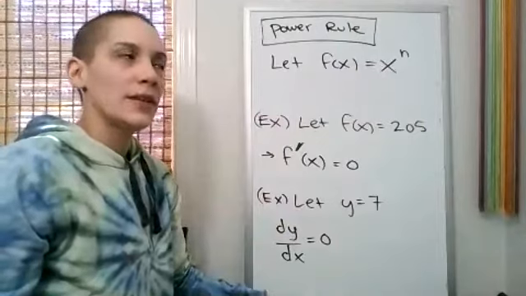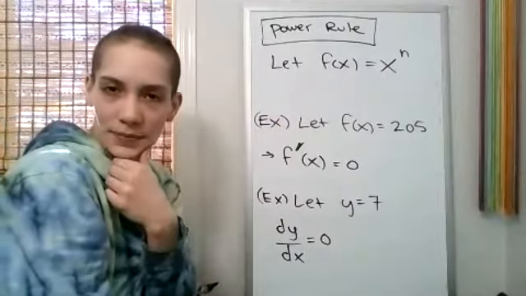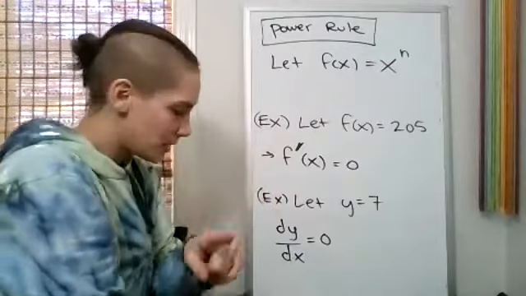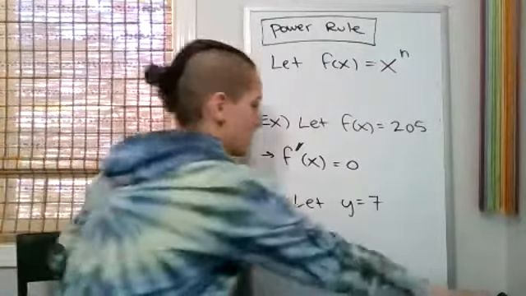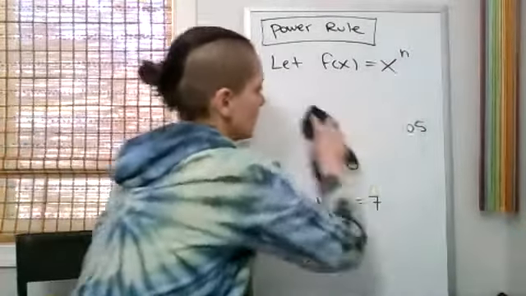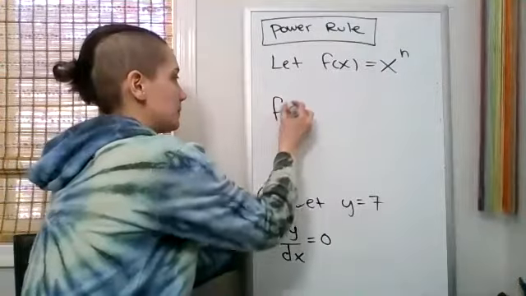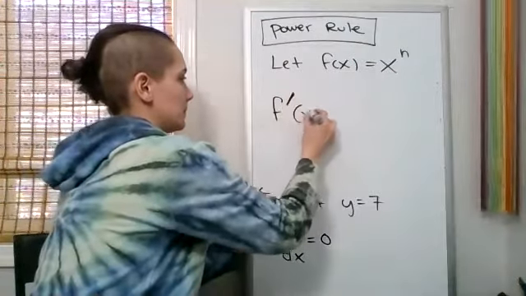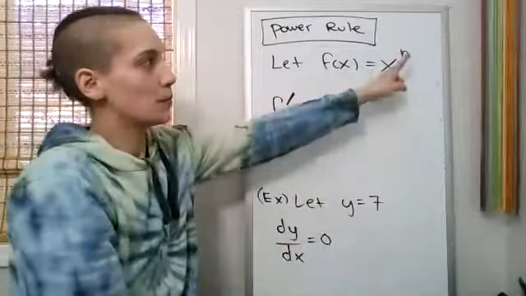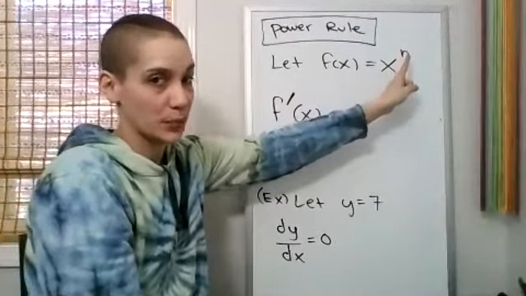I didn't write down if n has to be a specific value. I'll check it later. So the derivative would be f prime of x, and multiply n with x to a power of n minus 1.